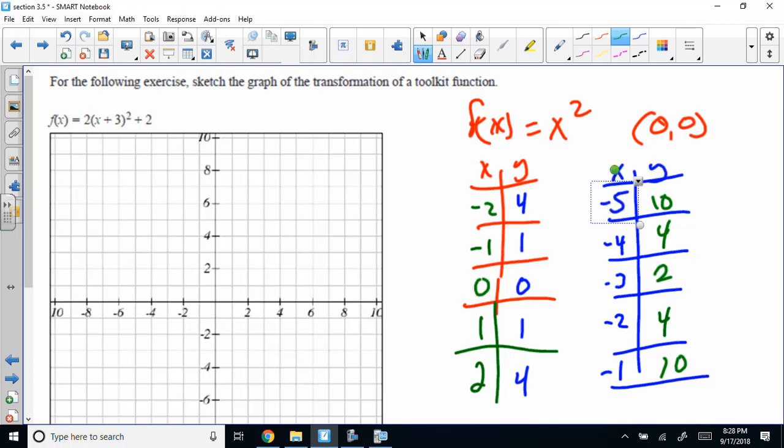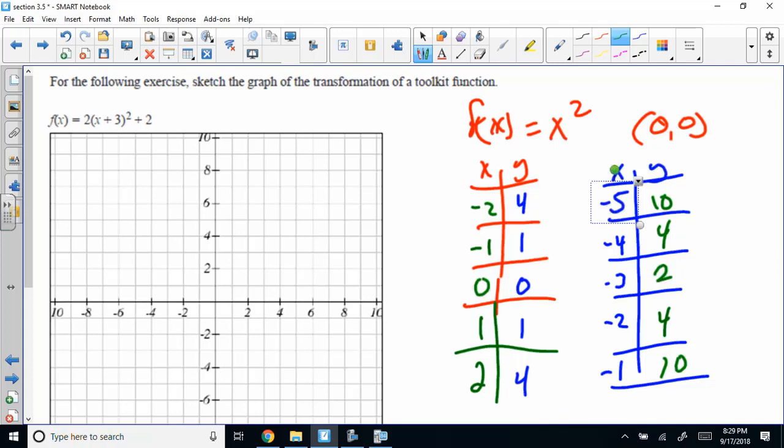Then you graph those. And that makes it a lot easier, right? Because you like graphing points, correct? Yeah, exactly. So I gave you 5 points, right? Vertex and 2 points to the left, 2 points to the right. So don't take my word for it.